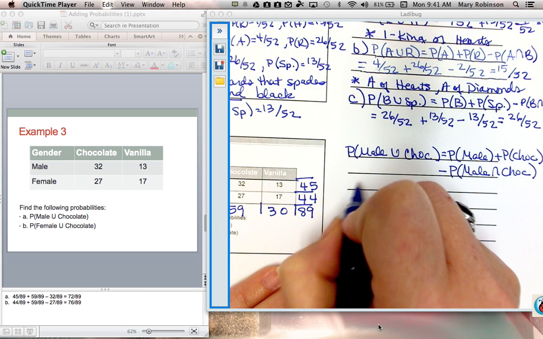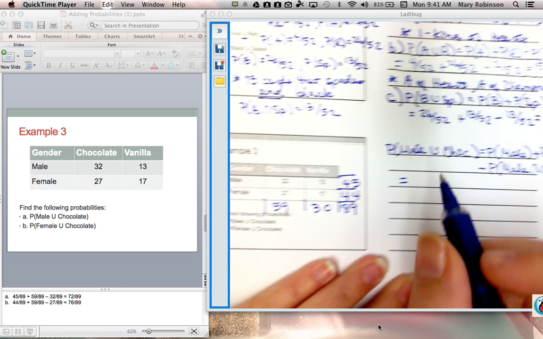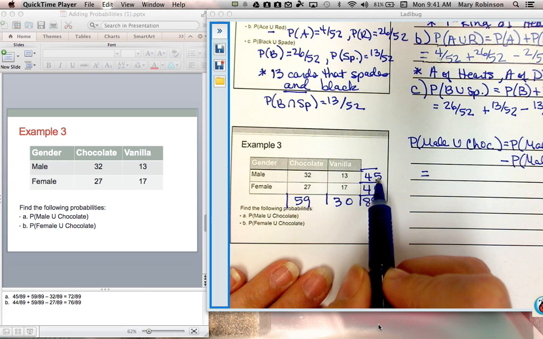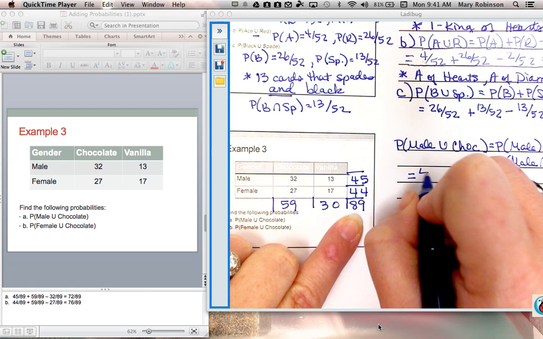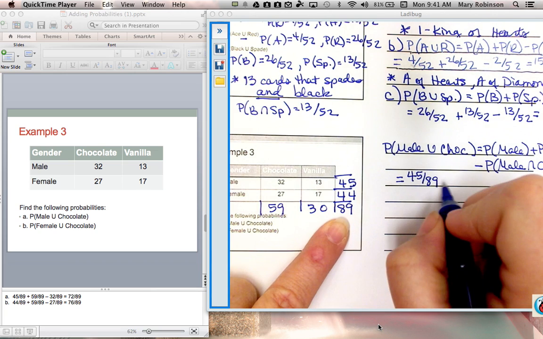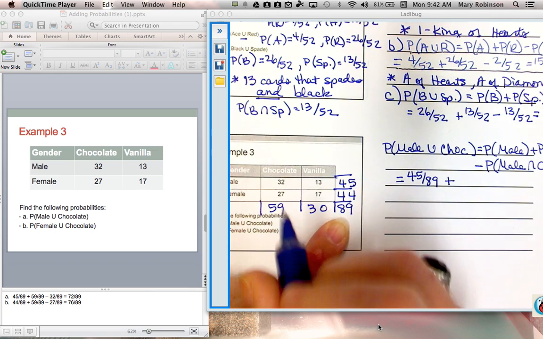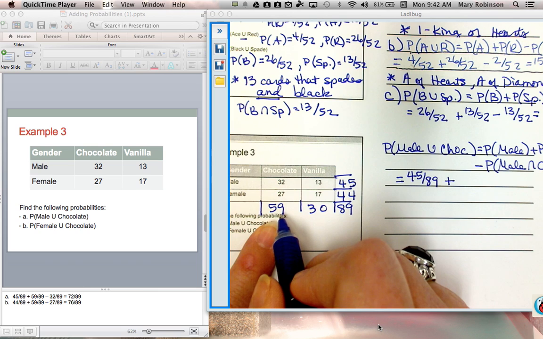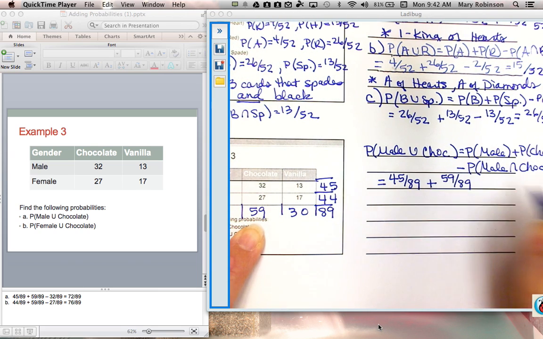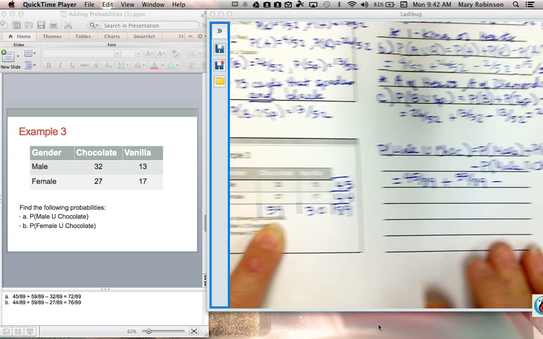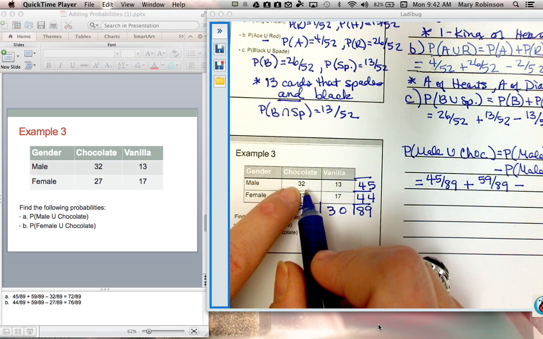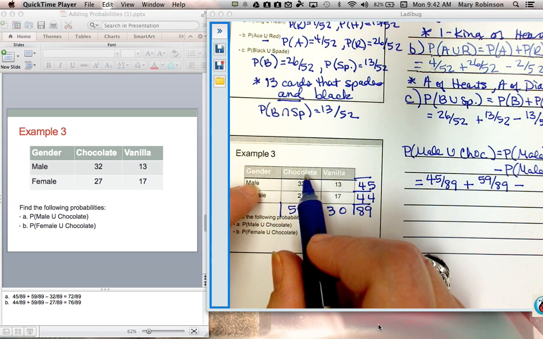So to get started, for the probability of male, we'd want to know our male total. So that's 45 out of the 89 are male. The probability of chocolate, we want to know the chocolate total, and that would be 59. So 59 out of 89. But then we need to subtract the probability of male and chocolate. So male and chocolate, remember, is the intersection, that's where they intersect.